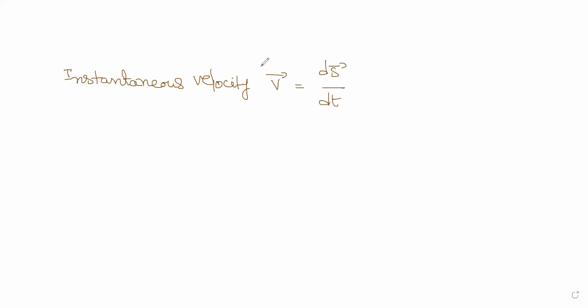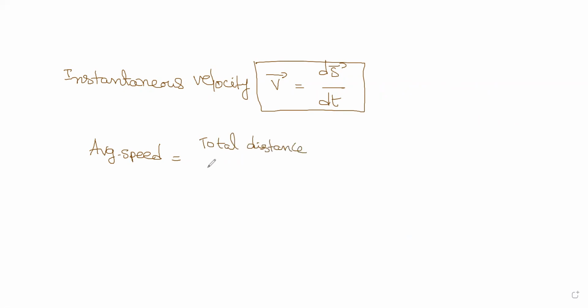It's called instantaneous velocity. Similarly, there is something called average speed. Average speed is total distance divided by total time.